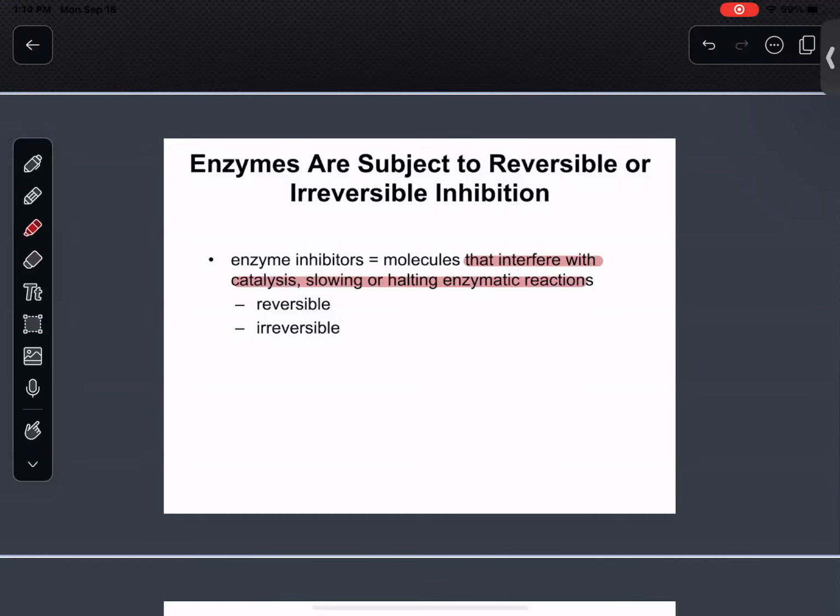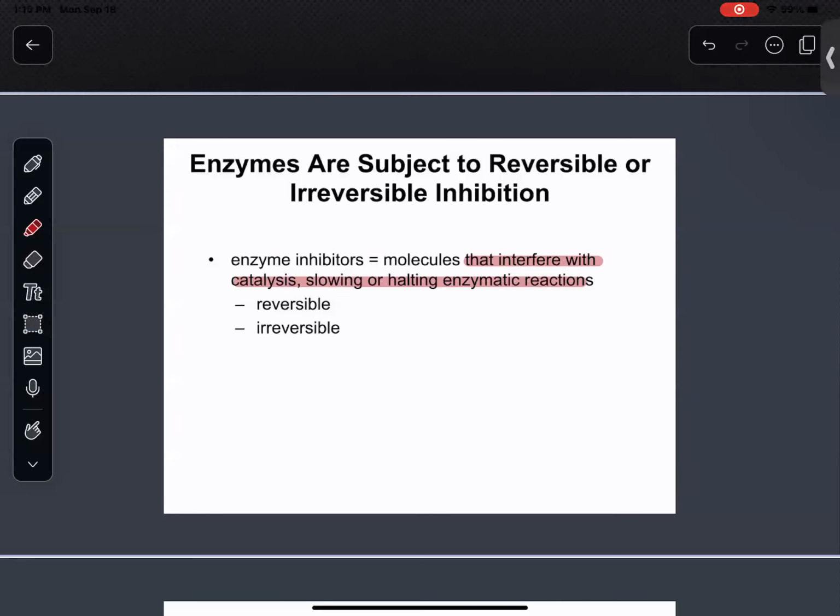They're going to slow or halt your enzymatic reactions. That's the whole point. We want to take what would originally have been an enzymatic reaction and either slow it down or entirely stop it for the purposes of achieving whatever goal we're trying to achieve.